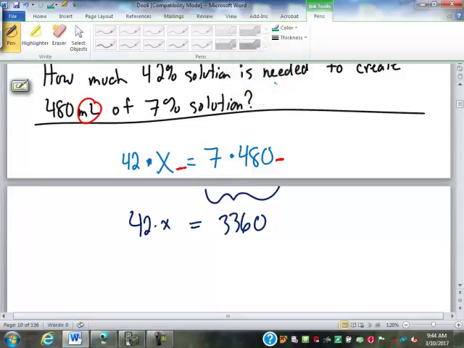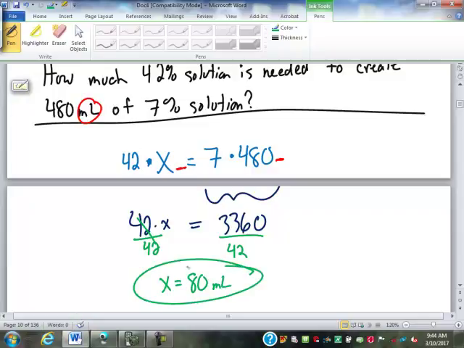And then solve for x by doing what? Divided by 42. So x equals 80. So it requires 80 milliliters.